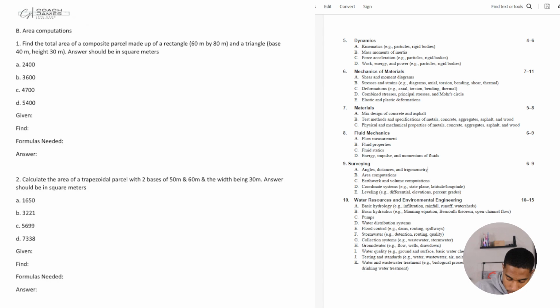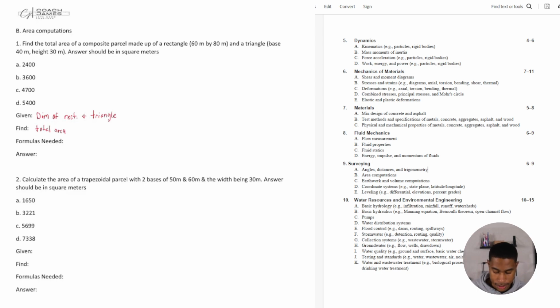They give us the dimensions of a rectangle and a triangle, and they want us to find the total area.